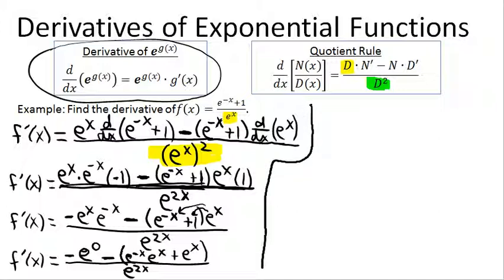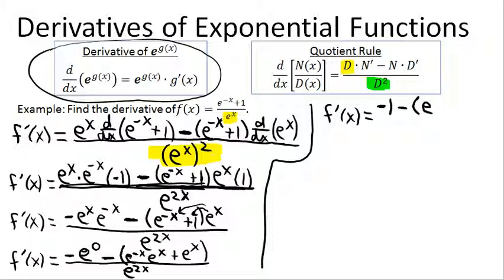Let's continue over here. As we all know, e to the 0 is 1. Any non-zero number to the 0 power is 1, so that first term in the numerator just becomes minus 1. Minus, I still have my parentheses, e to the minus x times e to the x. Again, when you have like bases, you add the exponents, and if you add a minus x and an x together, you end up with 0.